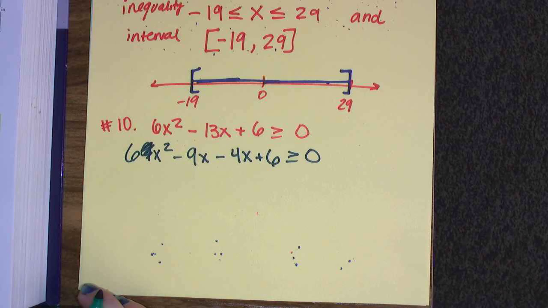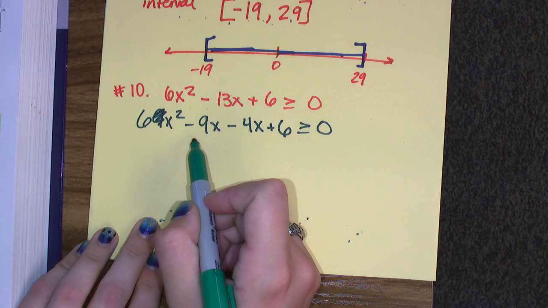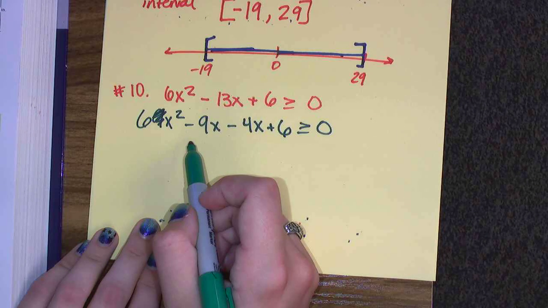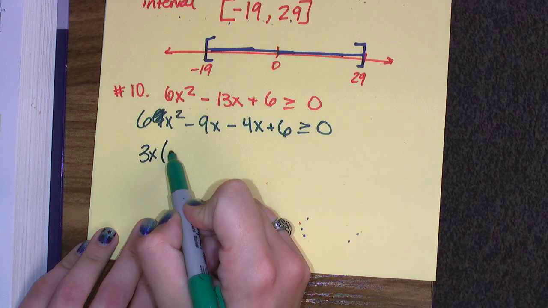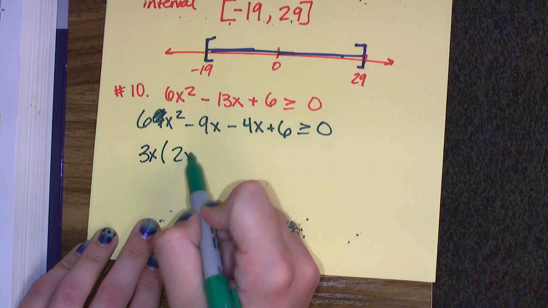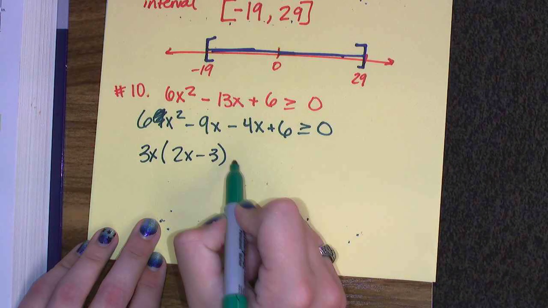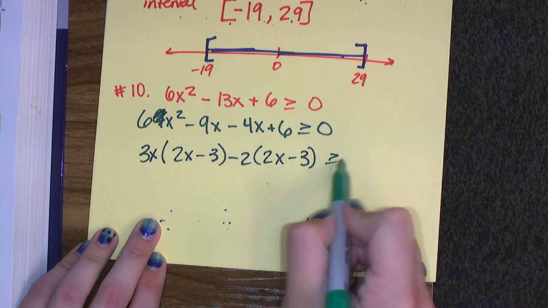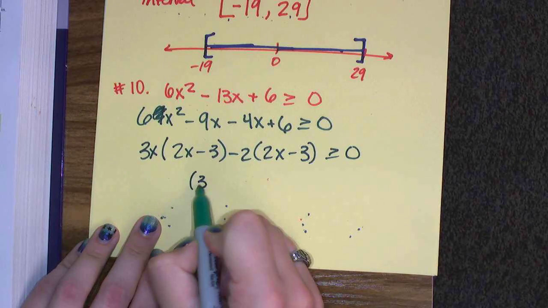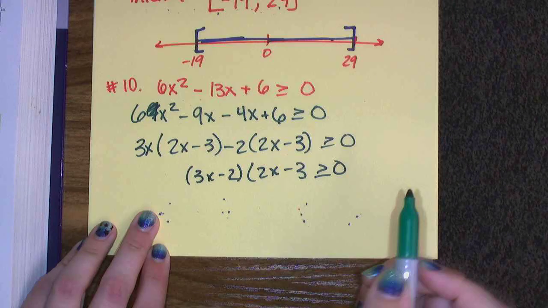Alright, so then, grouping stuff, what do I get? Or what do I pull out from these first two? That leaves me with? And now I can regroup. 3x minus 2 times 2x minus 3 greater than or equal to 0.